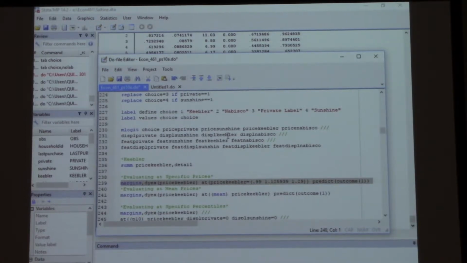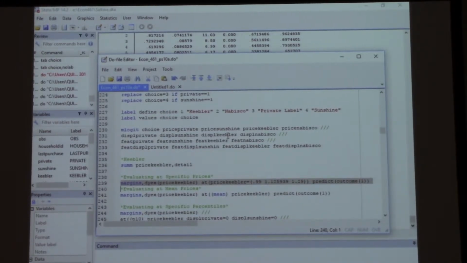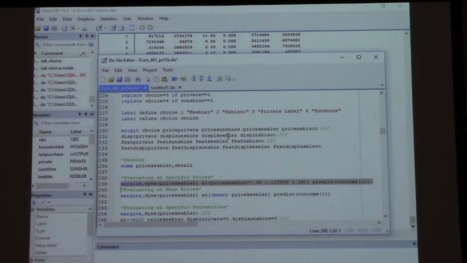But if you wanted something elasticity-ish, this is pure slope, and we know it's nonlinear, so we're going to get different values, which is nice, which is true about elasticities. But you can do a quasi-elasticity by making this a percentage. It's quasi because only half of it is a percent. So for a 1% increase in price, what's the effect on the probability of choosing the brand?